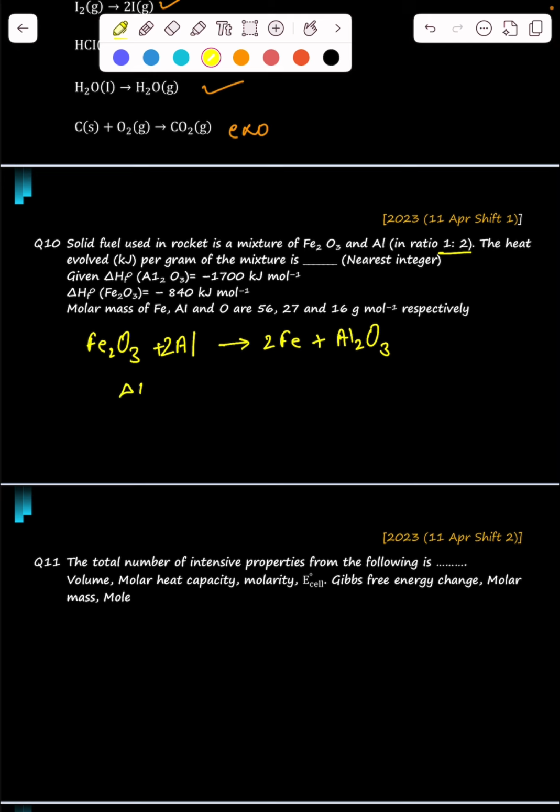Enthalpy of the reaction is HP minus HR. So product is how much given? Alumina is given, that is the 1700. HR is given how much? That is the 840. So your answer, you got it.